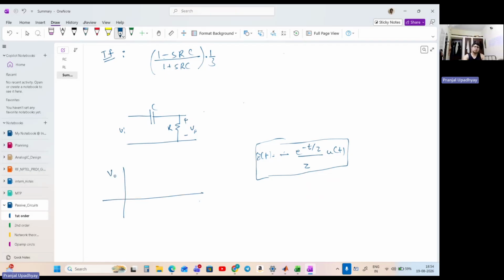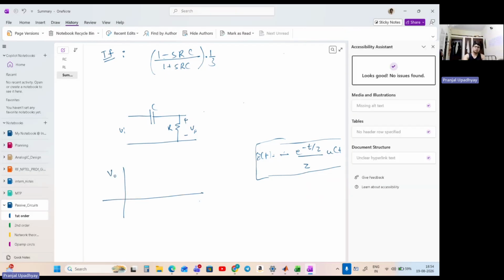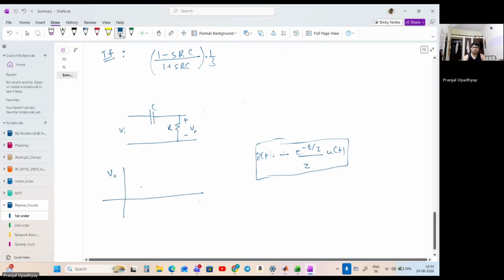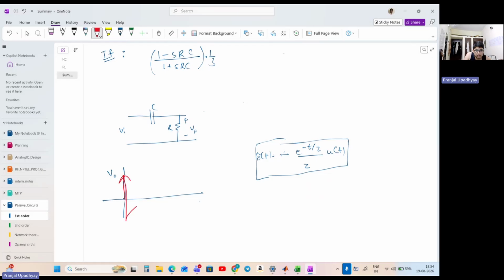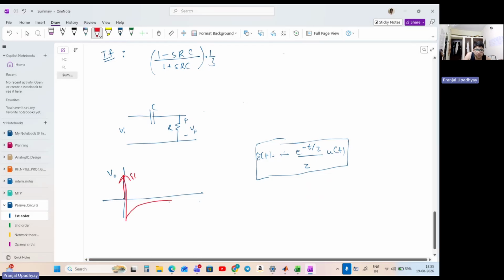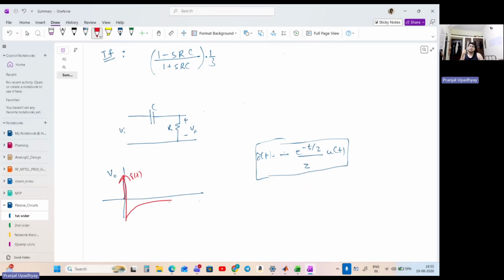The response has an impulse at zero, and then a decaying exponential in the opposite direction. This is what I intend to answer, what exactly is happening over here.